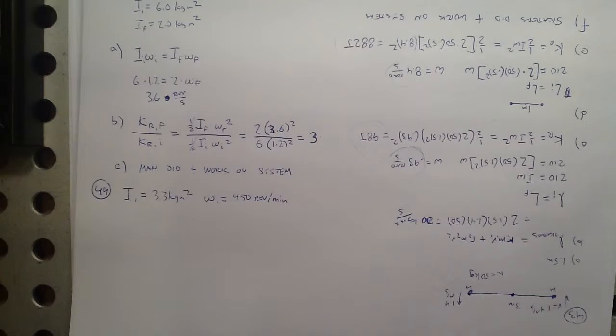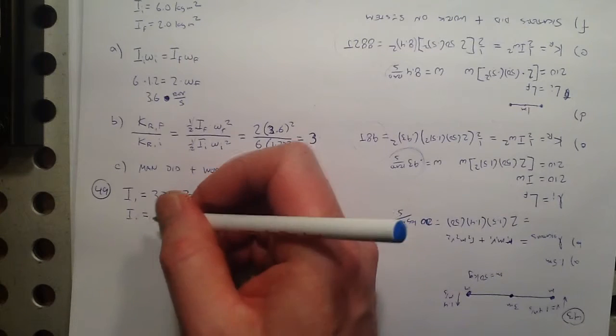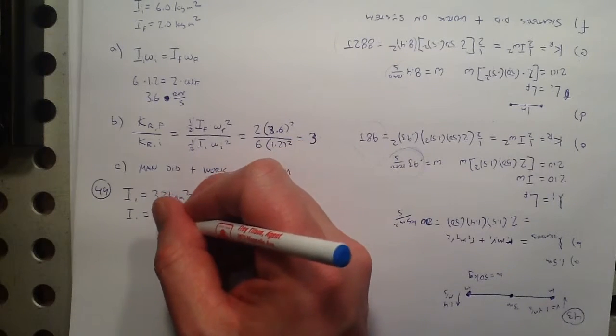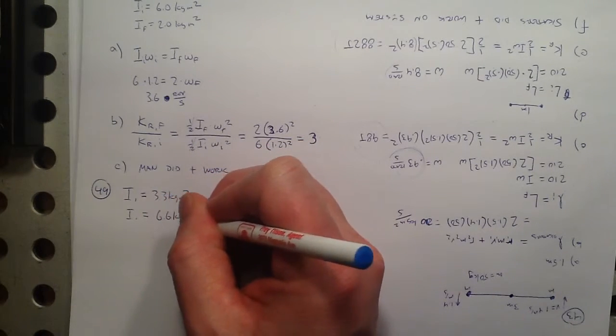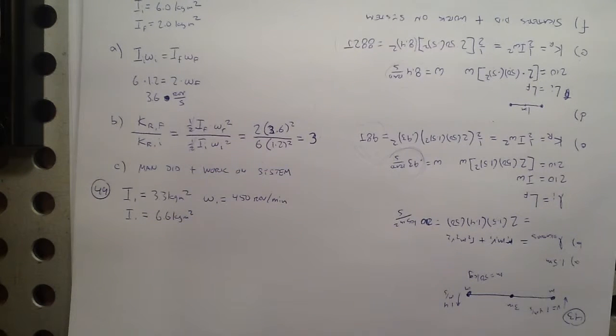The second disc has a rotational inertia of 6.6. So bigger disc, apparently, more massive, bigger radius, something. About its central axis it is set spinning counterclockwise.